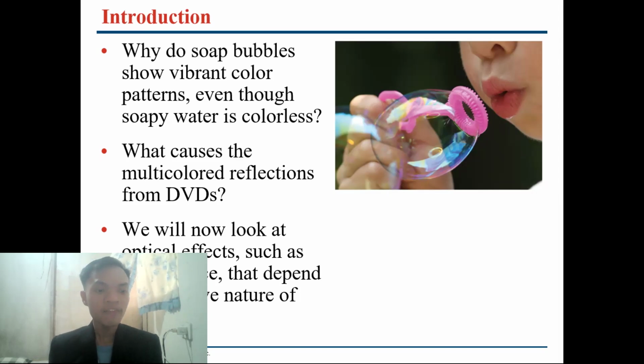These effects arise because light waves overlap and interfere. The colors we see are not pigments, but results of constructive and destructive interference. This chapter connects those everyday wonders to the physics behind them.